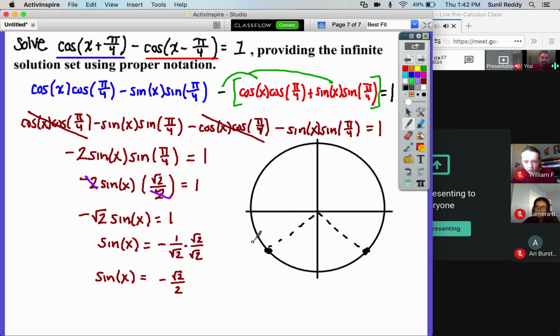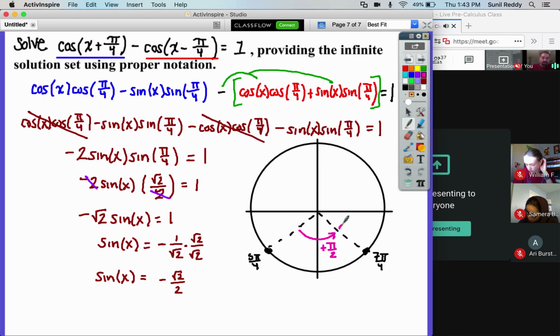Notice here, and let me just indicate, so this angle, if I was on one revolution of the circle from 0 positively, this would be our 5 pi over 4. The one in quadrant 4 would be 7 pi over 4. Here's where I would think to myself, well, from one angle to the next, 5 pi over 4 to 7 pi over 4 is 2 pi over 4, which is just pi over 2.